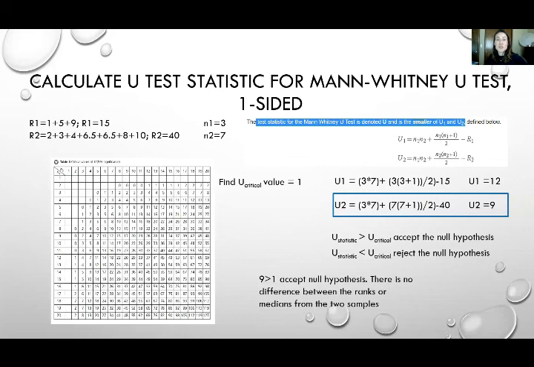To reject the null and accept the alternative hypothesis, your calculated U test statistic needs to be smaller than the critical value. If you recall, when we were looking at ANOVAs, for example, you wanted to find a value on the F distribution that was larger than your F critical value.